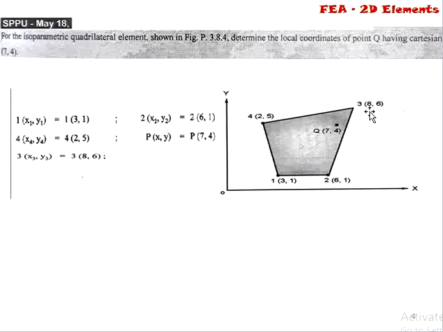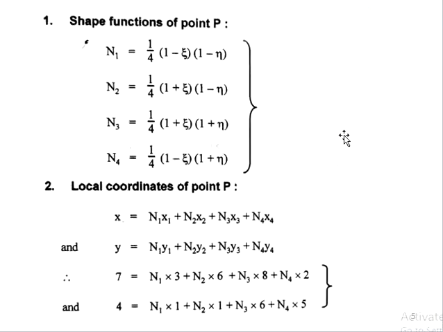Third, x3 is 8, y3 is 6, and the fourth coordinate, x4 is 2 and y4 is 5. Our main objective is to calculate the coordinates of Q having x equal to 7 and y equal to 4, that is, in terms of psi and eta.